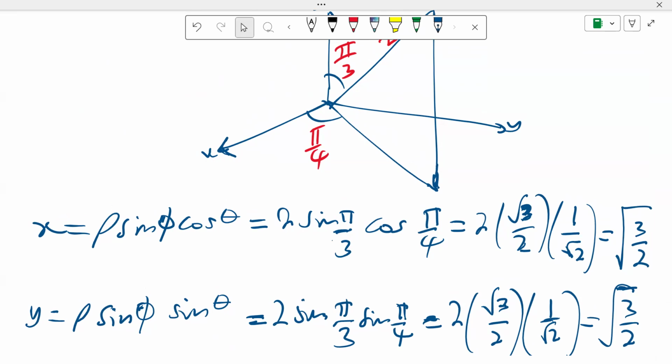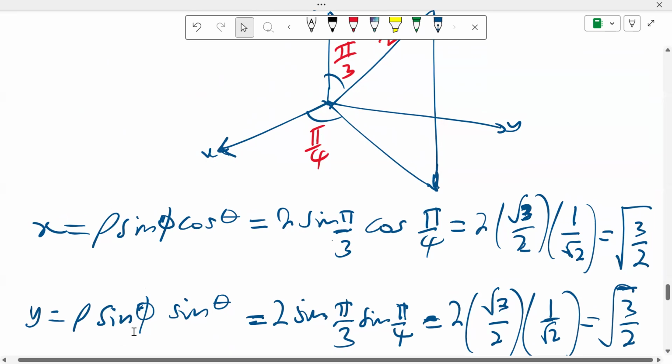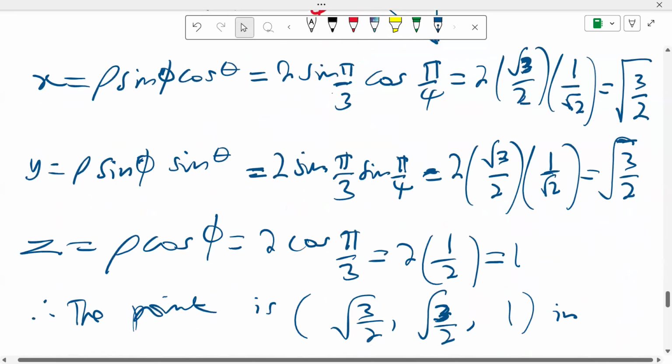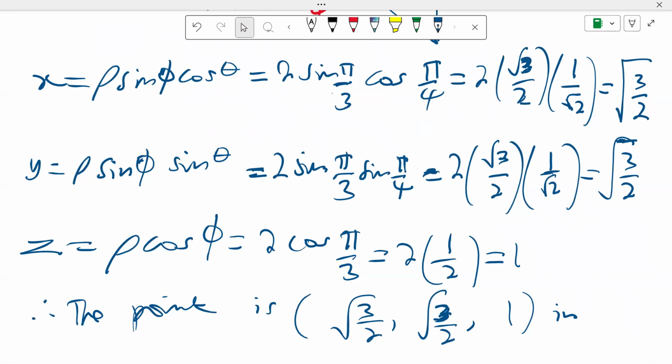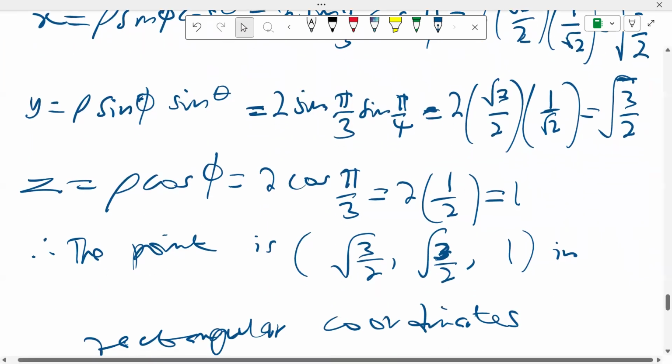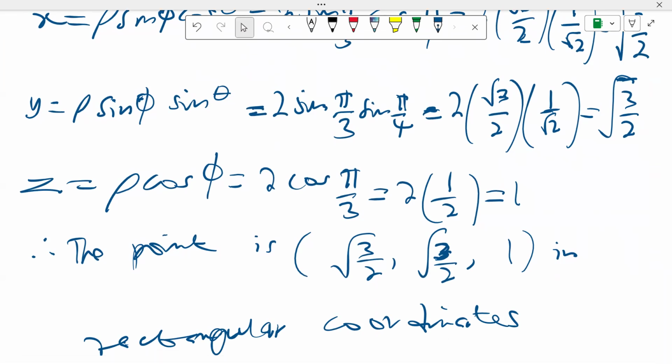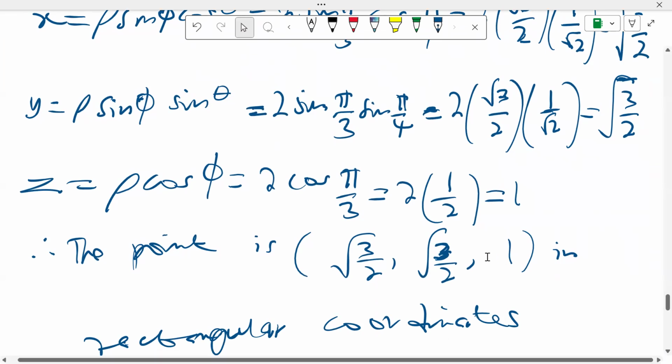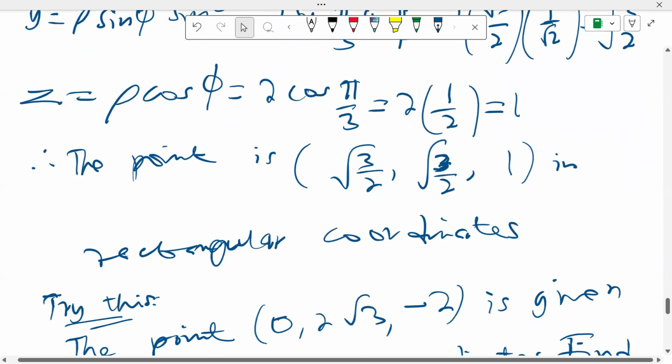For our y, we get rho sine phi sine theta. So when we compute 2 sine pi on 3 sine pi on 4, we shall get root 3 on 2, because these are standard values. Then our z is rho cos phi, so that is 2 cos pi on 3. So we get 2 times half, giving us 1. So the point is root 3 on 2, root 3 on 2, 1 in rectangular coordinates. Our x, our y, and our z.